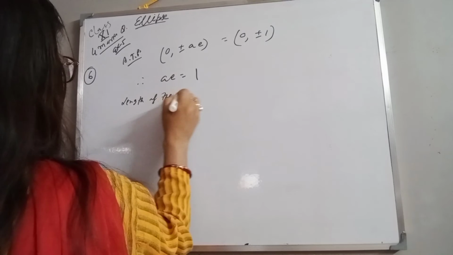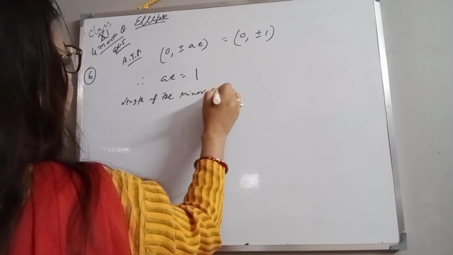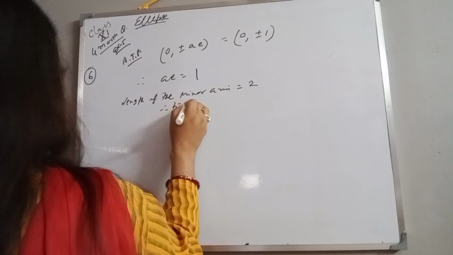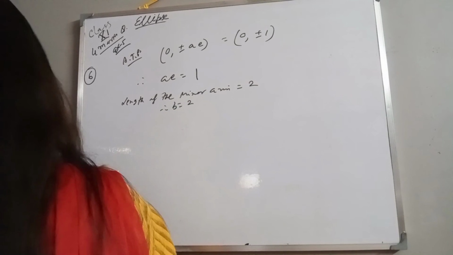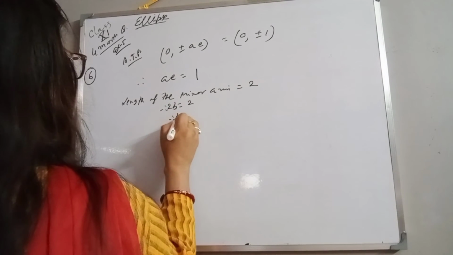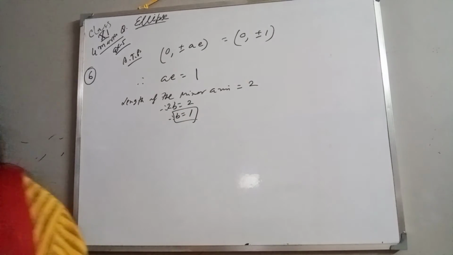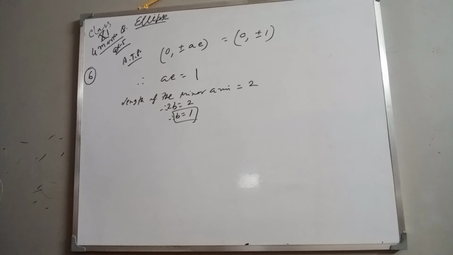Length of the minor axis is equal to 2. That means 2b equals 2, or b equals 1.